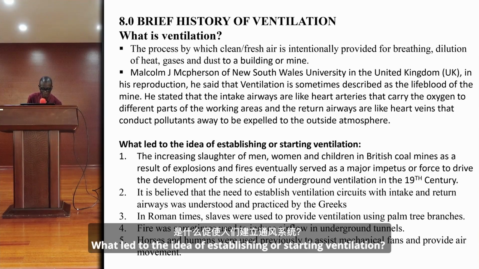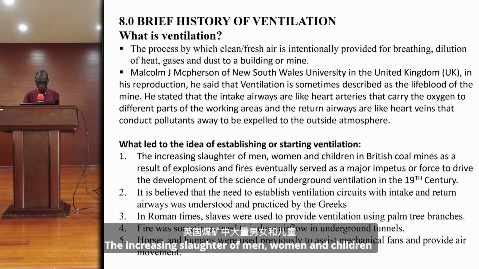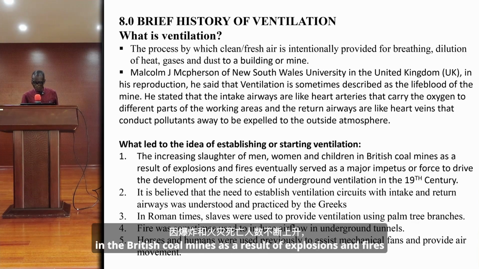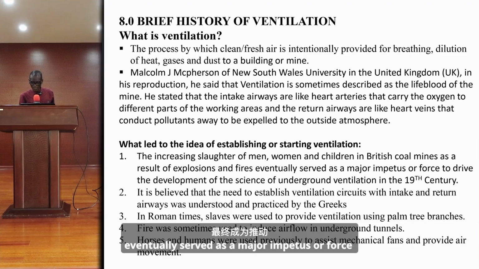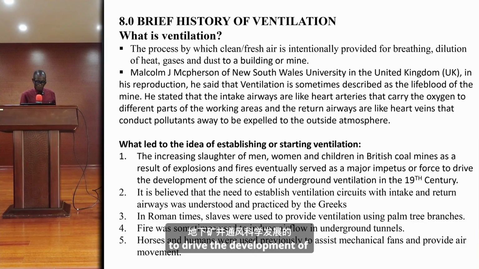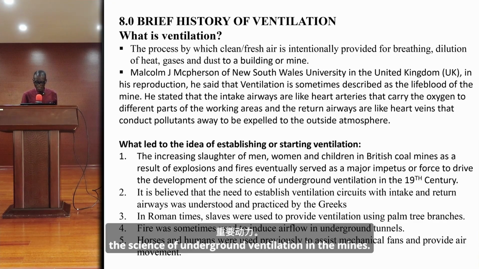What led to the idea of establishing ventilation? The increasing slaughter of men, women, and children in British coal mines as a result of explosions and fires eventually served as a major impetus to drive the development of the science of underground ventilation in the mines.